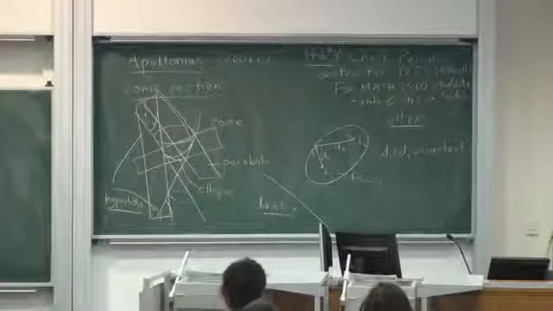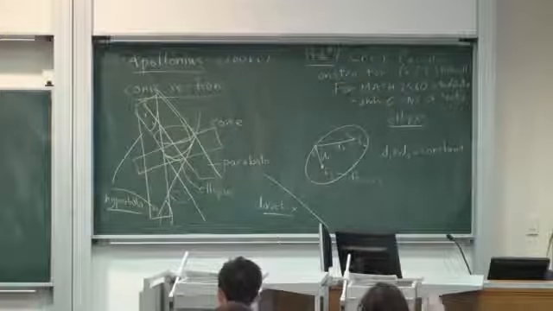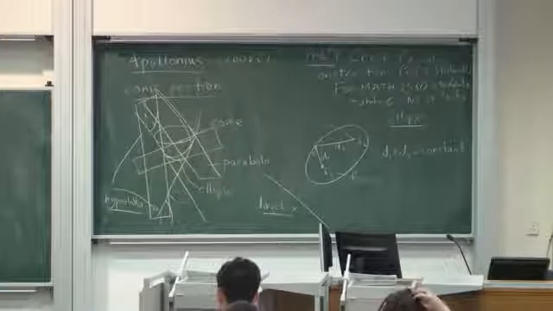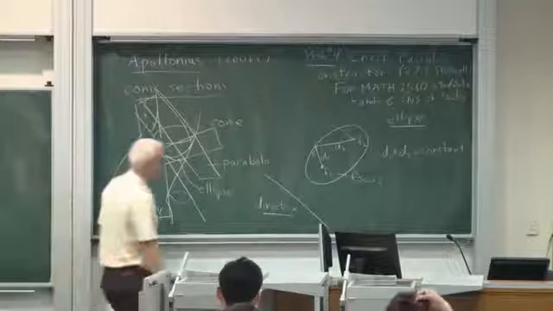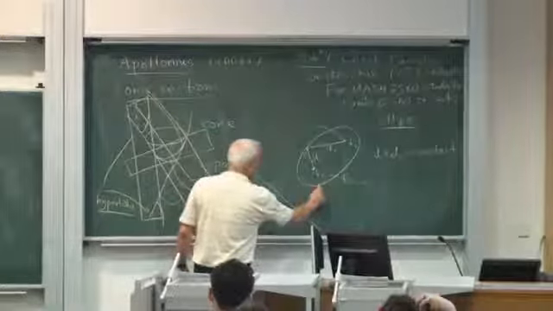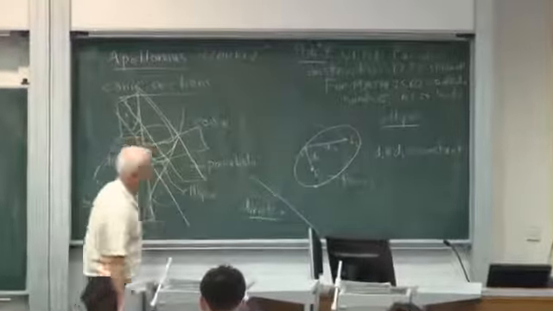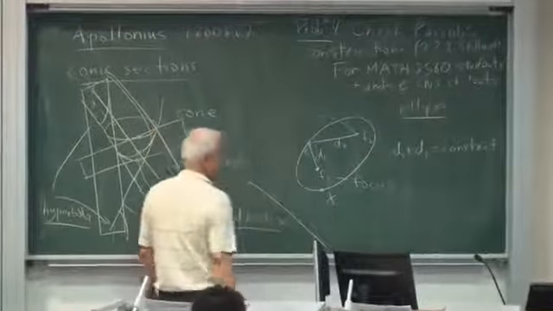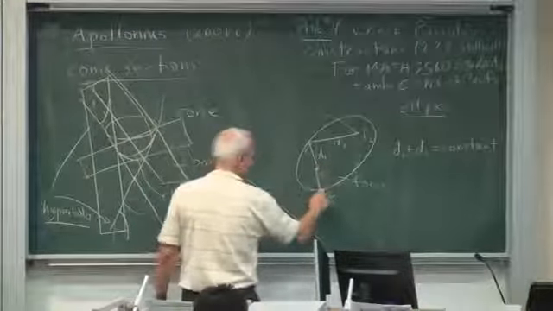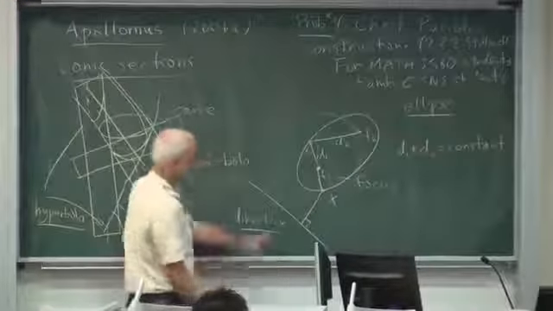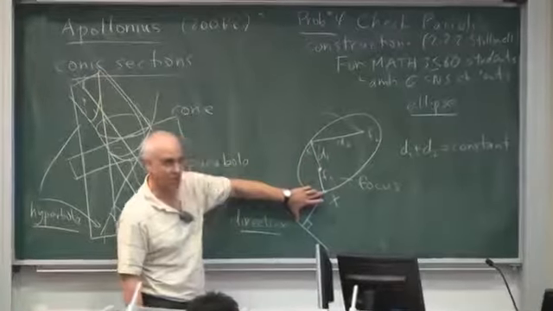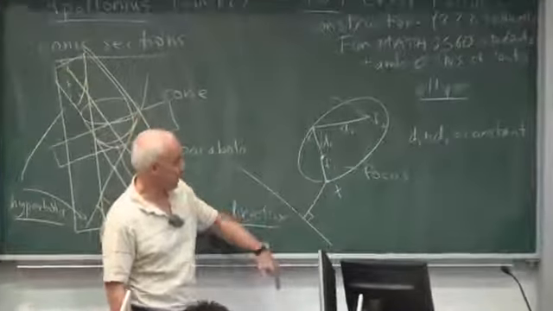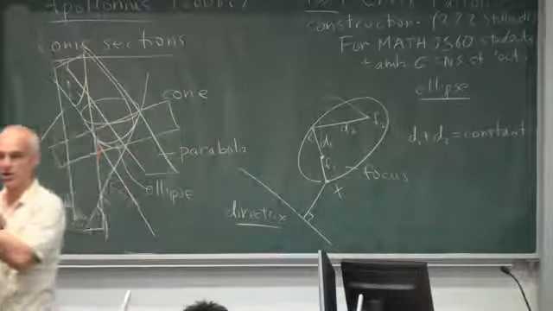Another definition of a conic, in this case an ellipse, but it works for the other conics too, in terms of the focus and directrix, is to look at a point x which has the property that if we compare the distance to the focus to the perpendicular distance to the line, then that ratio is always a constant number.